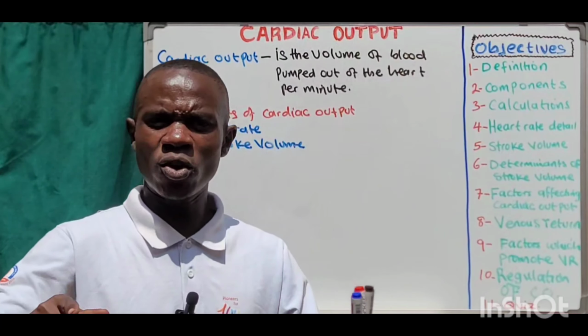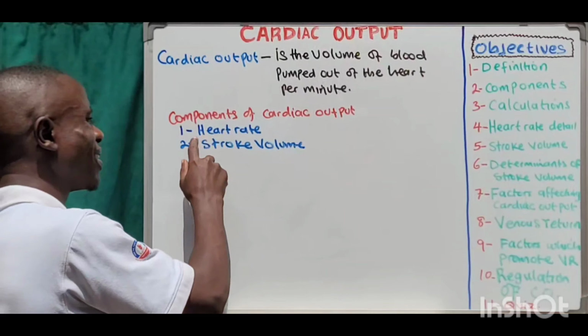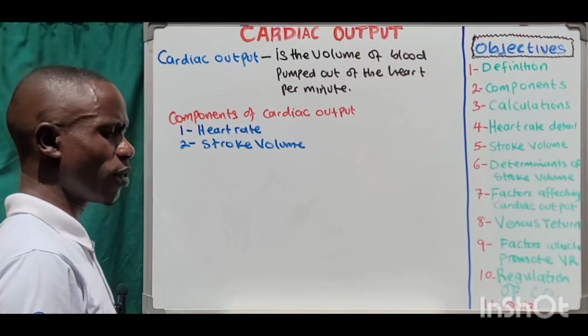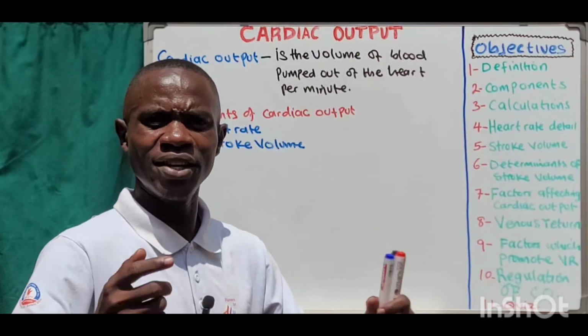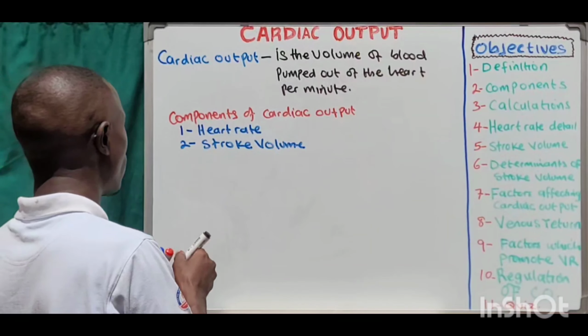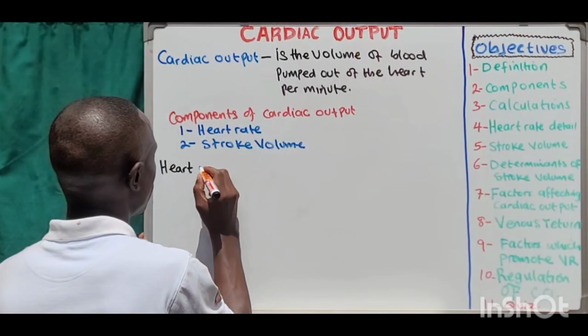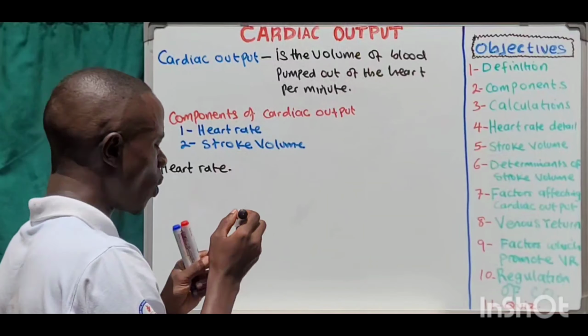Now that we have seen the components of cardiac output, let's look at what heart rate is and what stroke volume is, because they are so important during the study of cardiac output. Now, what is heart rate?